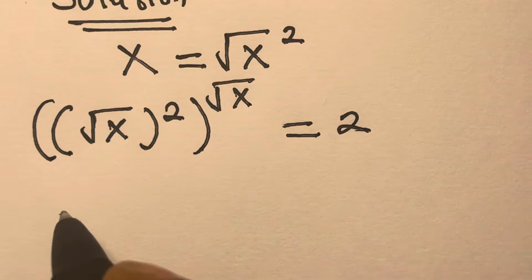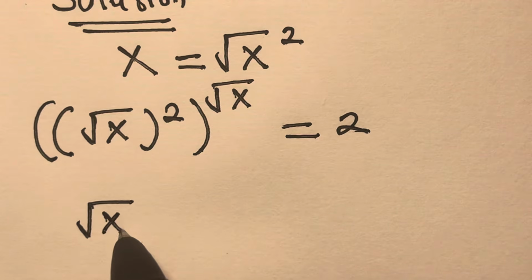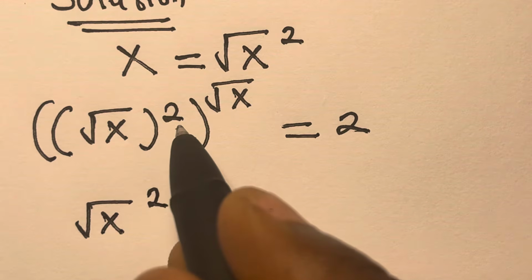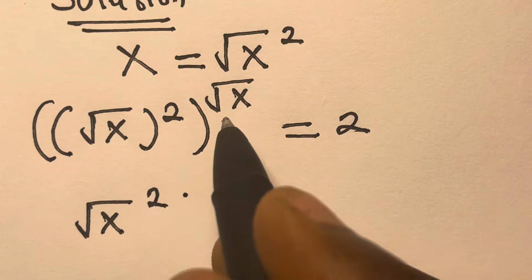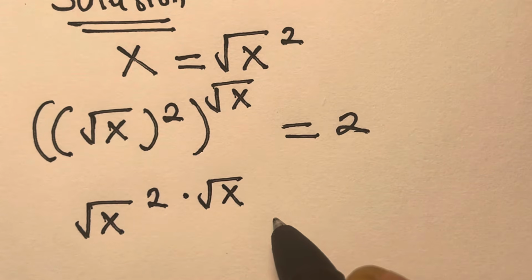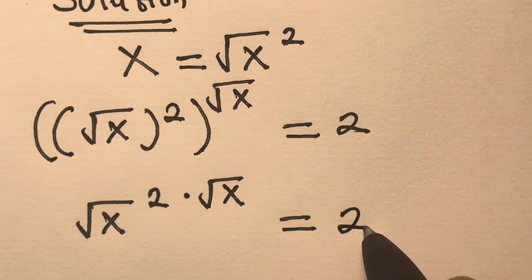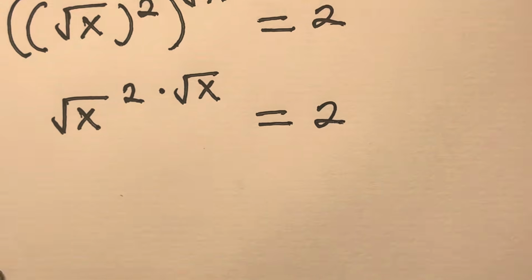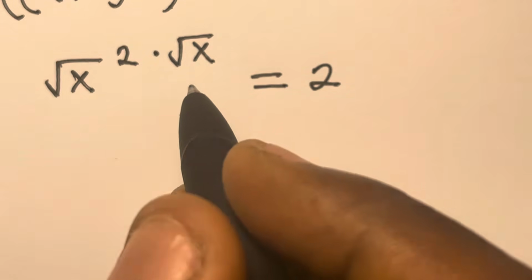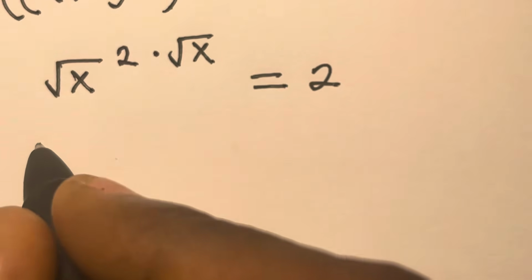So which means that we have the square root of x squared, a number raised to a certain power which is again raised to another power. The powers are multiplied. We have 2 times the square root of x equals 2. So from here, let our square root of x be, let's say, m.